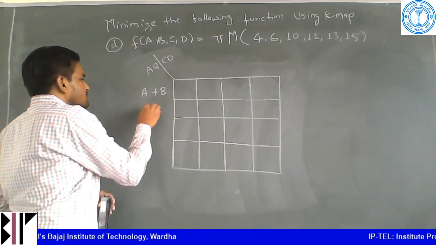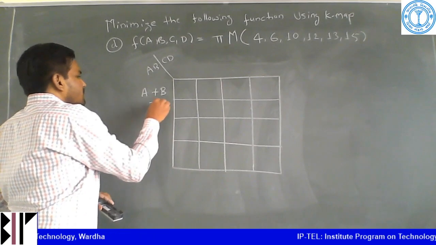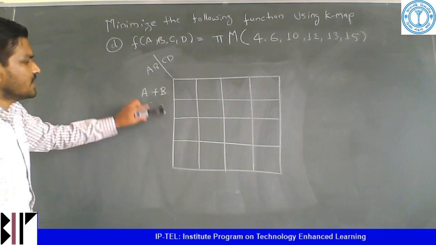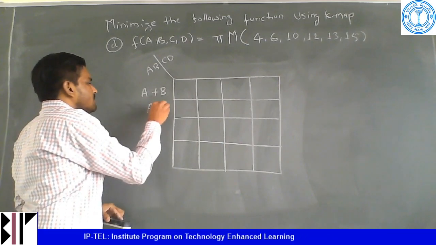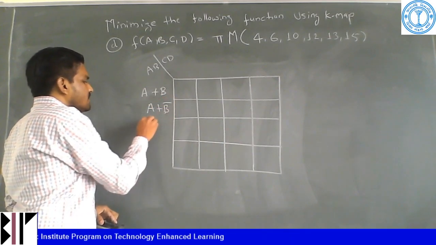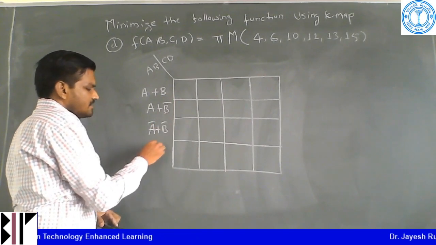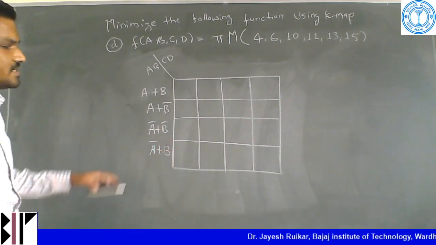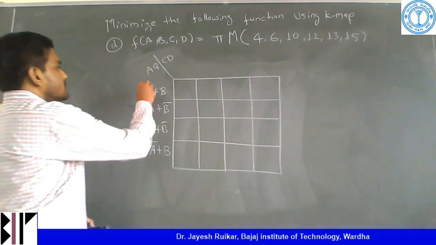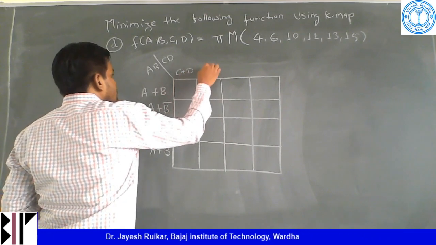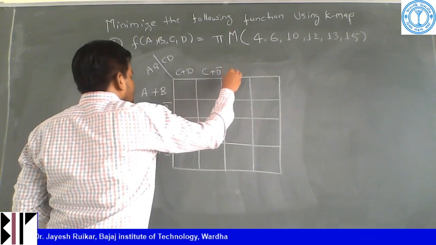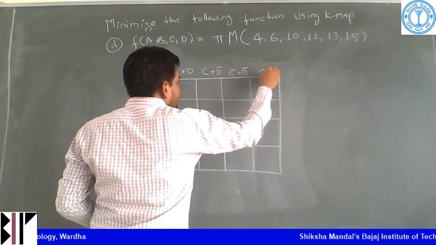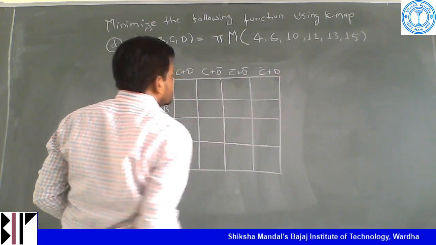Then next one is A plus B bar, here A bar plus B bar, and here A bar plus B. Notice this change, you have to understand. Similarly this is C plus D, then C plus D bar, then C bar plus D bar, then C bar plus D.